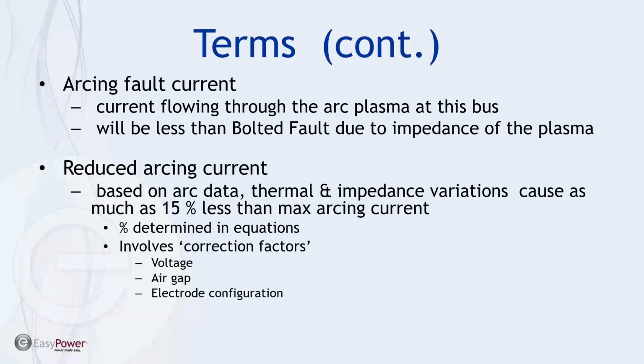There can be variation in the test data that's taken on arcing current. And especially at low voltages, the arcing current can be as much as 15% less in some cases. And so it has evolved as a definition of the term reduced arcing current. And you'll see that has some correction factors in the current equation where it didn't have in the original standard of 2002.